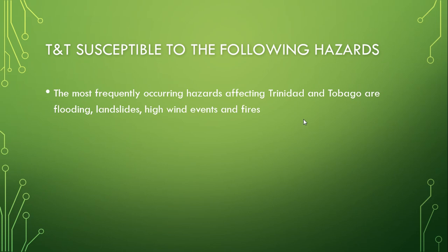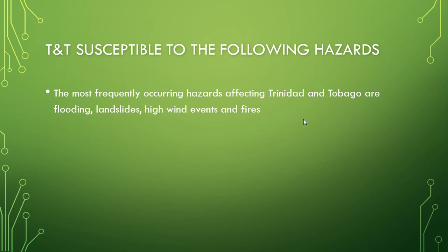Now, it has been noted over recent years that the most frequently occurring hazards affecting Trinidad and Tobago are actually flooding, landslides, high winds events, and fires, particularly during the dry season. You know that we are highly vulnerable to forest fires and bushfires.